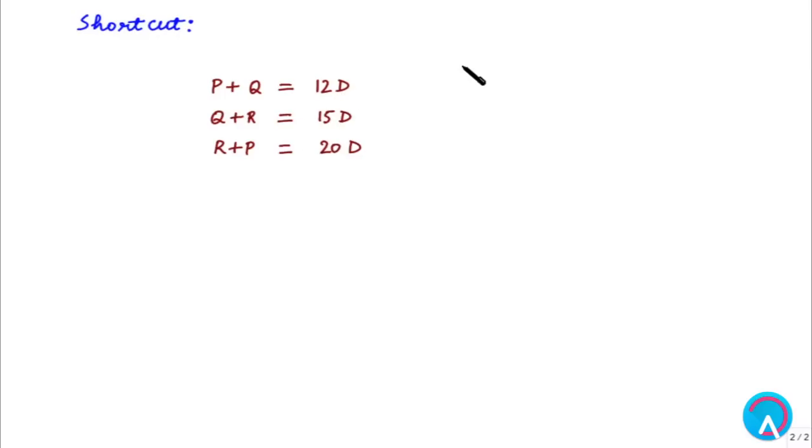So what we'll do is, we'll find the LCM of 12, 15 and 20, and when we calculate their LCM it comes as 60. So now we will say, suppose that total work, that means the work which has to be accomplished here, is equal to 60 units, which is the LCM.